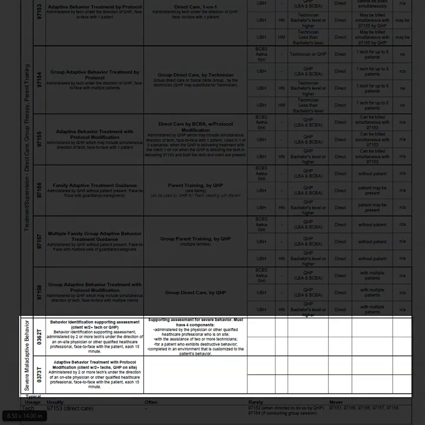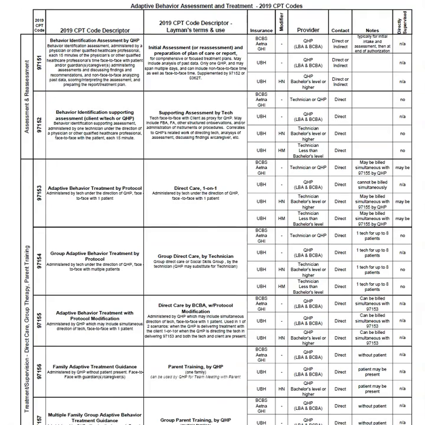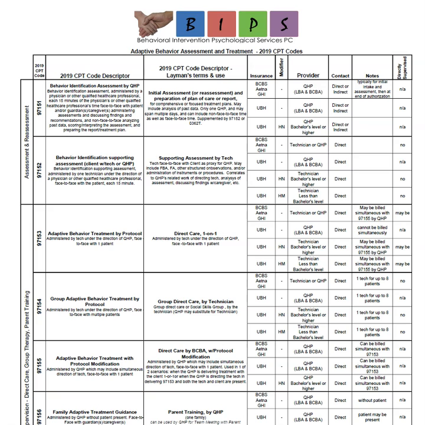These other codes are temporary codes. We still have some temporary codes in use in 2019, 0373T and 0362T. These are for severe maladaptive behavior. We're not going to go into these at this time. As you can see, these codes affect supervisors a little bit more than they affect technicians or paraprofessionals.